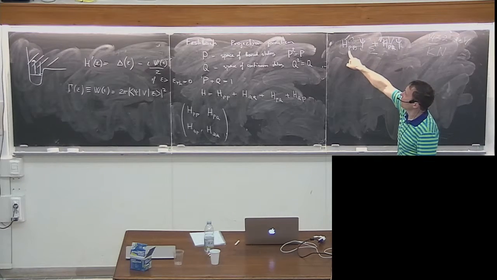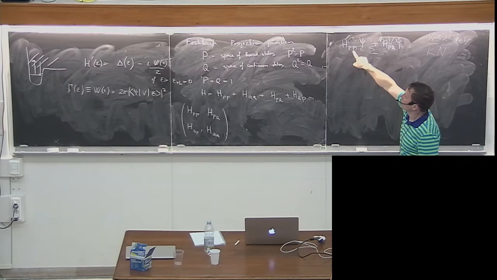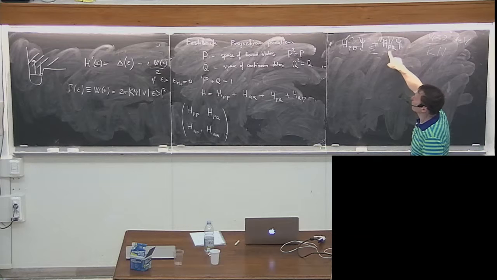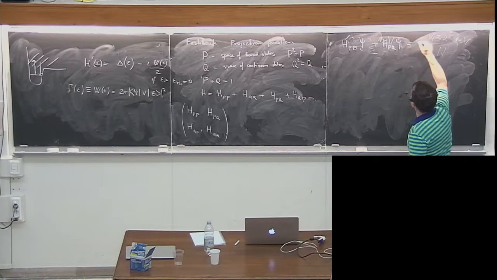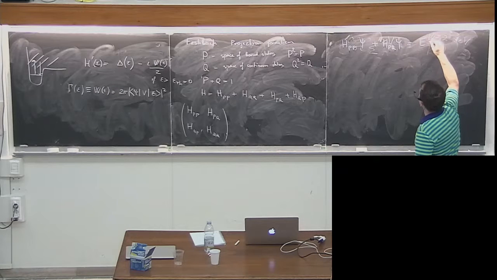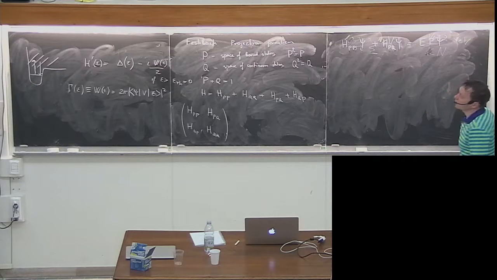So far, the end result of this action is always in P. This takes me from P, brings me to P. This takes me from Q, brings me to P. And there are no other components, and this equals energy multiplied by P projected onto the psi, which is my wave function. So this is the P part of my Schrödinger equation.